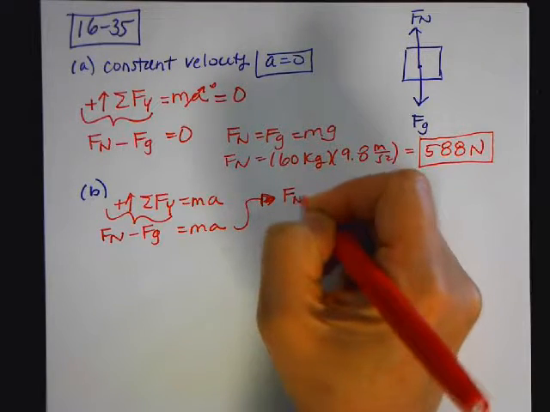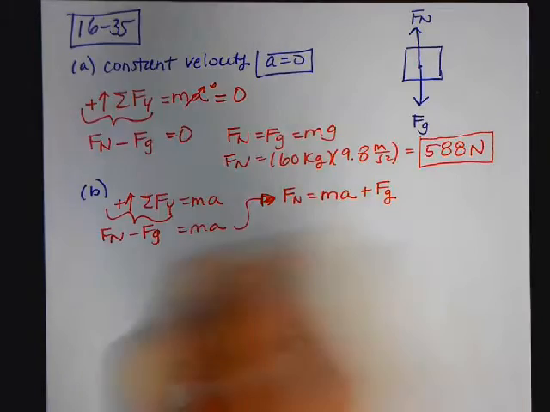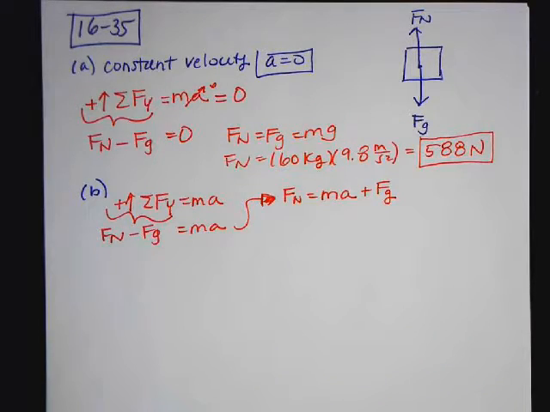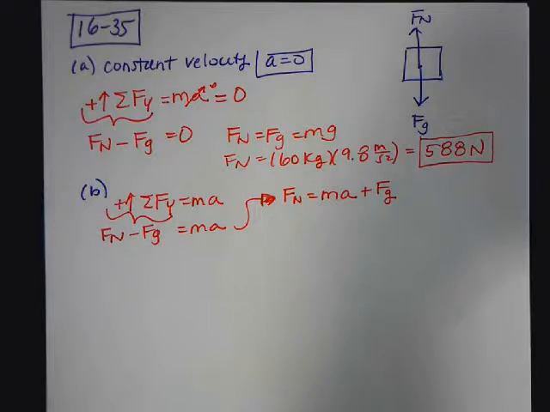So Fn is equal to ma plus Fg. All I did was move it to the other side of the equal sign. When I skip intermediate steps, that's how I make a mistake. Now, a lot of times on the multiple choice part of the AP test, they might ask you a situation like this, but it might be in terms of variables.